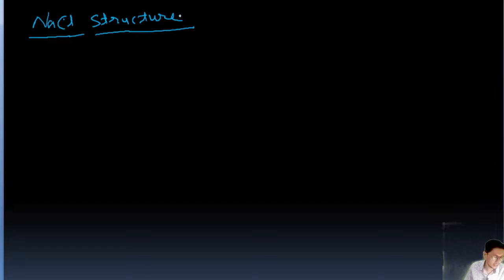Next, guys, next structure is the NaCl structure, or it is called rock salt structure. Okay, so very important, NaCl structure. The atomic packing fraction for NaCl structure was asked in the CSIR NET exam. Okay, so this is the NaCl structure, and this is called rock salt.